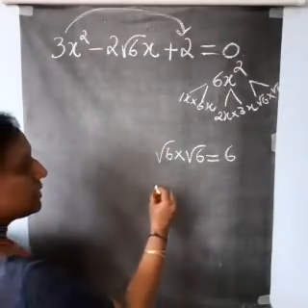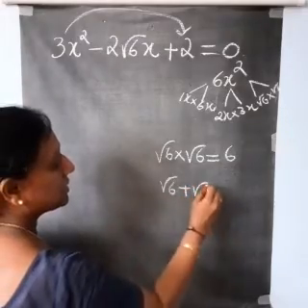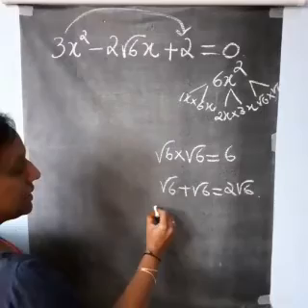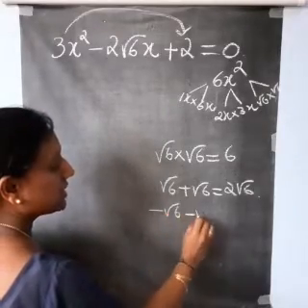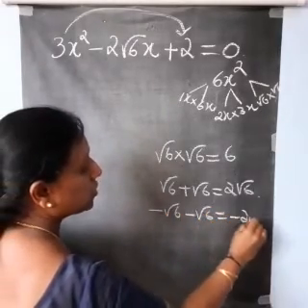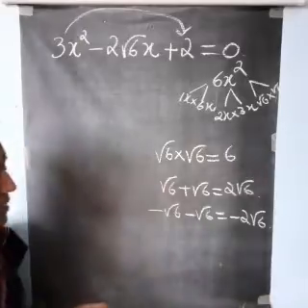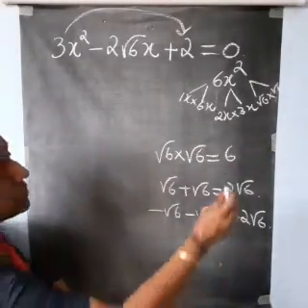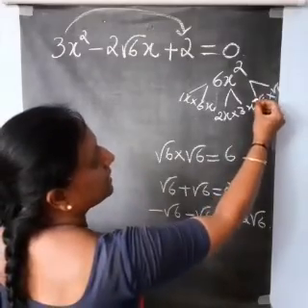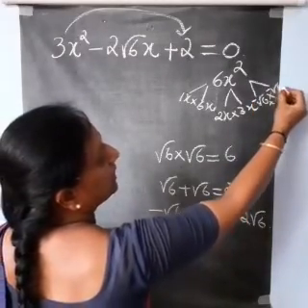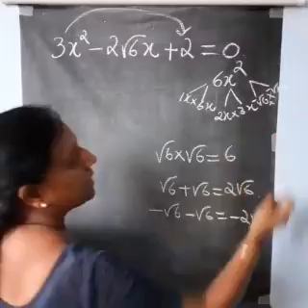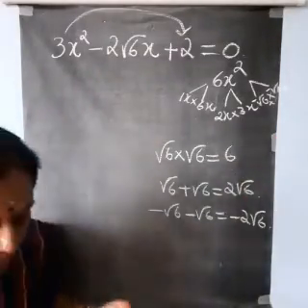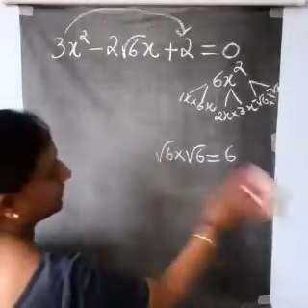You know that root 6 plus root 6 is equal to 2 root 6. Since we need minus, can I say minus root 6 minus root 6 equal to minus 2 root 6? Yeah. So these two will be my factors. So if I take it as minus root 6x and minus root 6x, I will get my middle term, right? So let's see how we can factorize now.